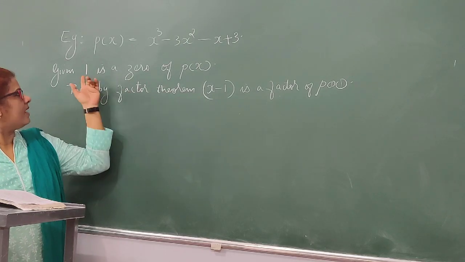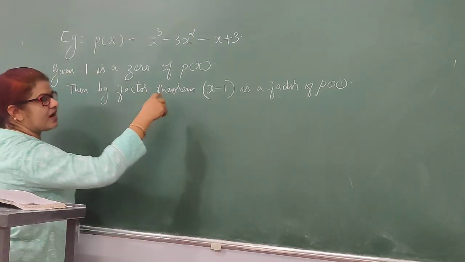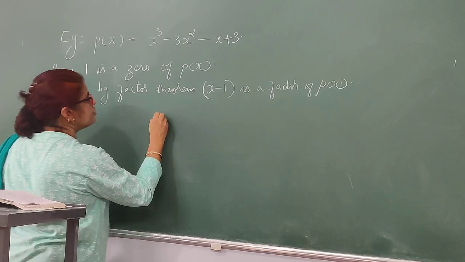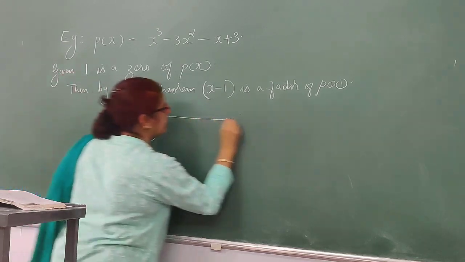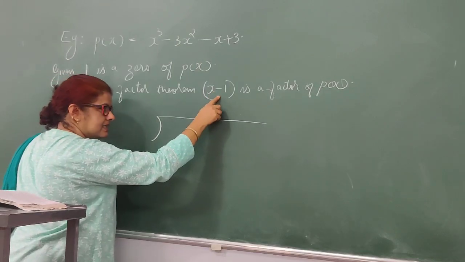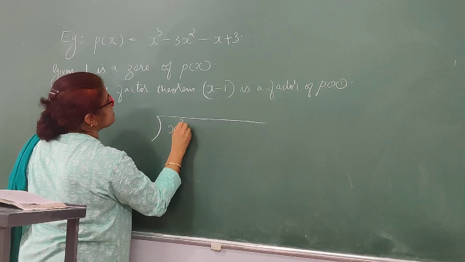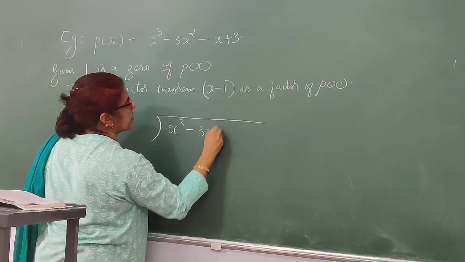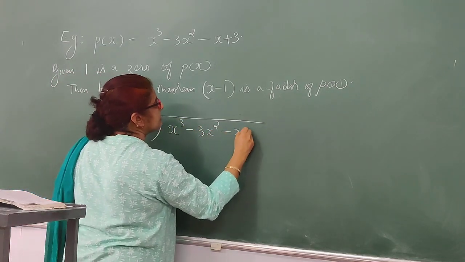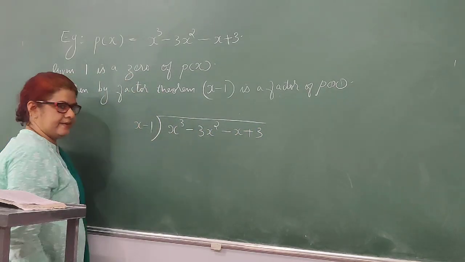And if here 1 is a zero, then x minus 1 is a factor of p(x). Then what we do is, we are going to divide the given polynomial p(x) by this factor x minus 1. That is x cubed minus 3x squared minus x plus 3 divided by x minus 1.